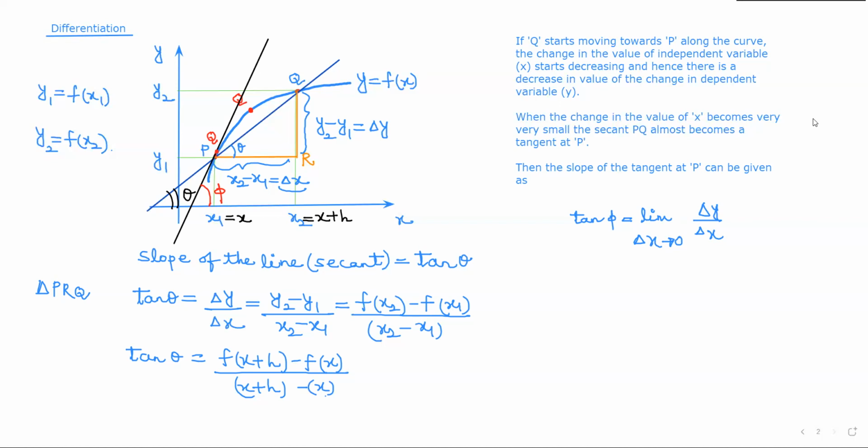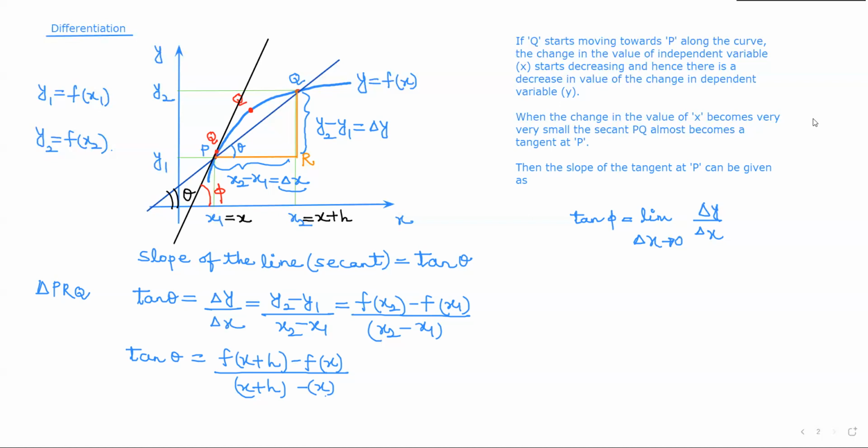That was tending of delta x towards 0. Tending ka matlab that the value of delta x is moving towards 0. Yes or no? That was responsible for this secant to become a tangent at P. Yes or no? All of you.